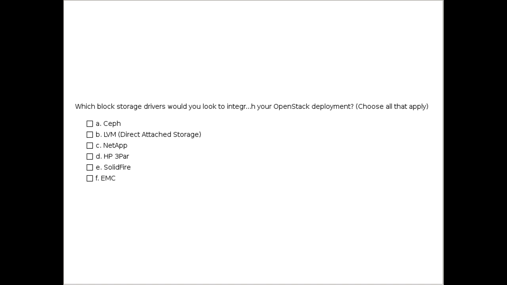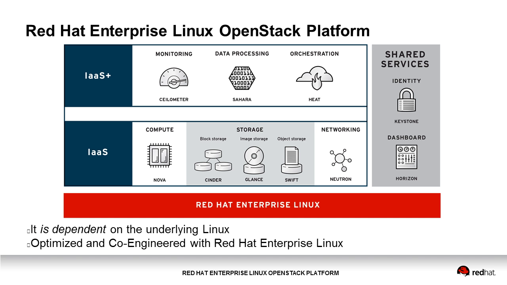So let's slide that polling aside, and we'll jump to the next slide. And give you a little overview of what I'm going to talk about today. Give you a little bit of sense of what OpenStack is.